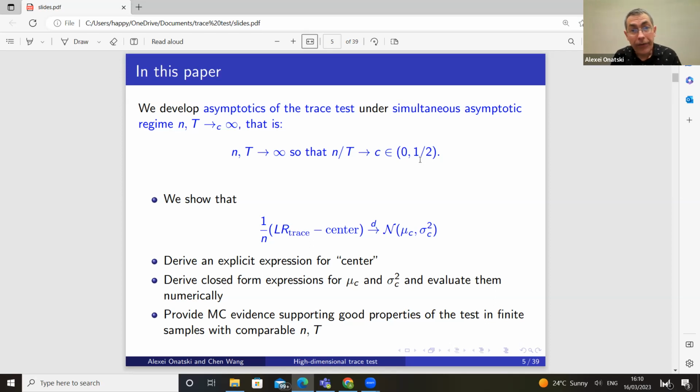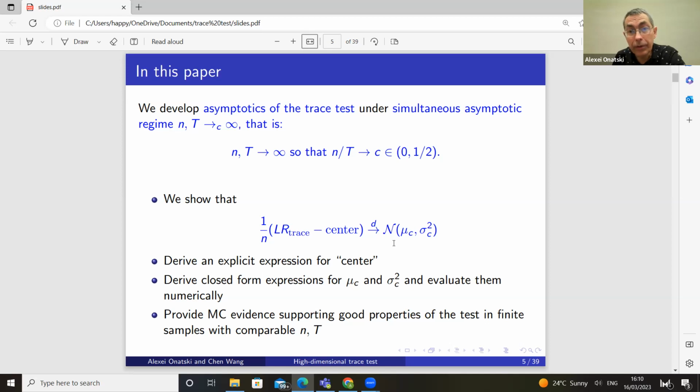We will show that in such an asymptotic regime, the trace statistic, when appropriately centered, and we will tell you what the center is, and scaled, just divided by n, will converge to a normal distribution. There will be no need of any Brownian motion, of any transformation of Brownian motion, nothing like that.